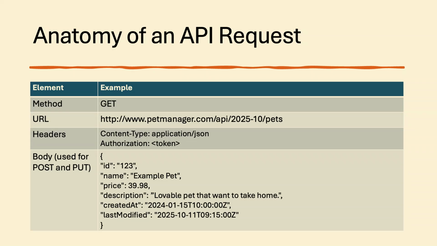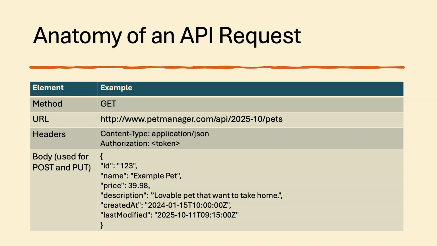So let's start with the anatomy of an API request. It starts with a method. Here I've just got an example of GET, but there's also POST and PUT. There's a URL. Here we're connecting to the Pet Manager system, looking at the API. This one is versioned with a 2025-10 release of this endpoint, and it's looking at pulling pets.